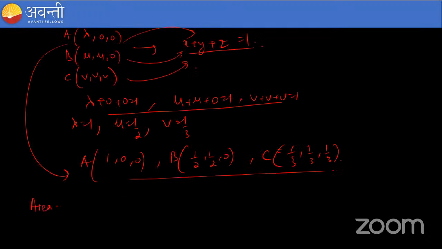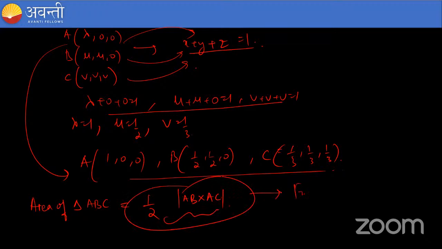The area of triangle ABC will be half times the modulus of AB cross AC. This is the formula for the area of a triangle. Similarly, there is the area of a parallelogram formula in terms of diagonals as well as in terms of adjacent sides. Please remember this formula, it is important.